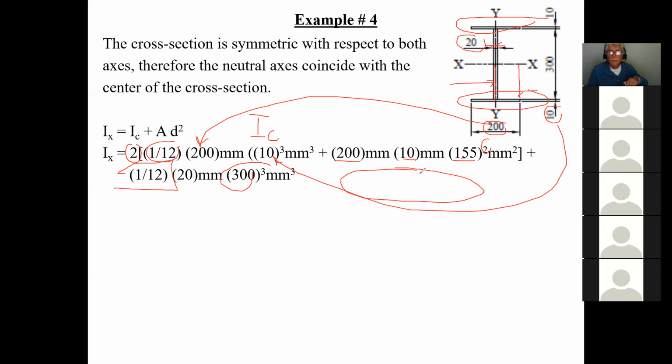It's because the centroid of this section coincides with the centroid of the overall cross section. So the distance is 0. D is 0, therefore everything goes to 0. Does everybody understand that?